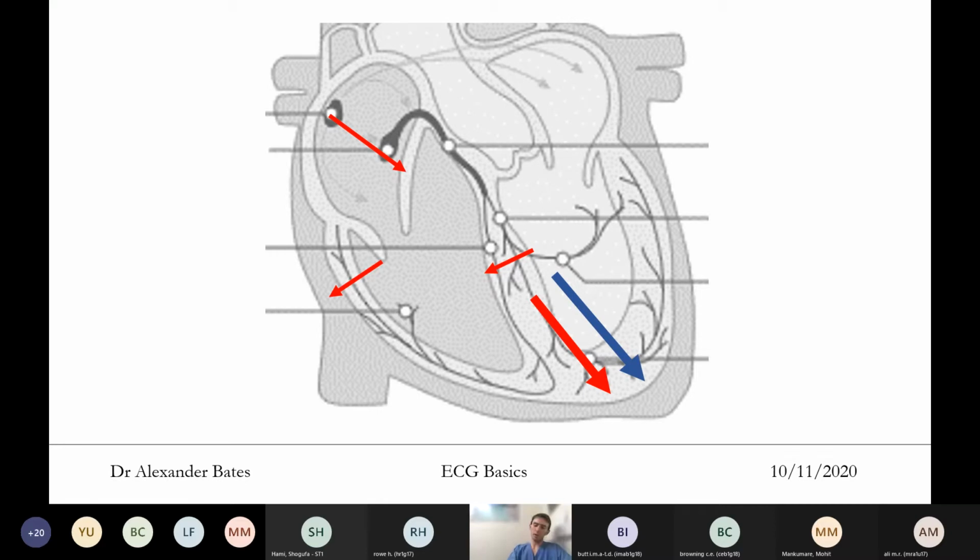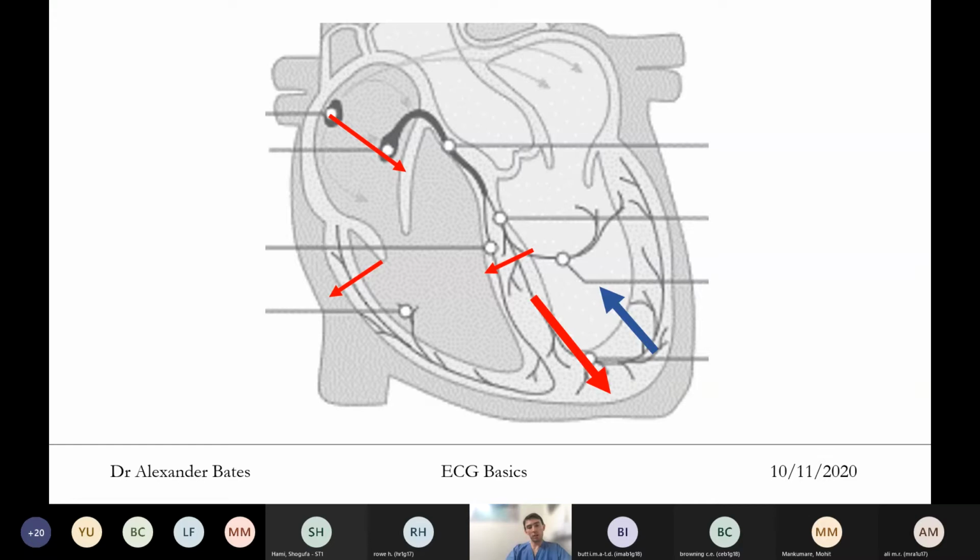The depolarization will occur normally, but the repolarization in an NSTEMI, instead of occurring from the epicardium to the endocardium, and remember we've reversed the arrow here because a repolarization from the epicardium to the endocardium is probably easier to think about as a depolarization from the endocardium to the epicardium, actually no longer occurs in that direction, but occurs in the opposite direction.